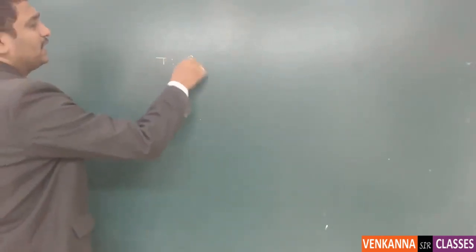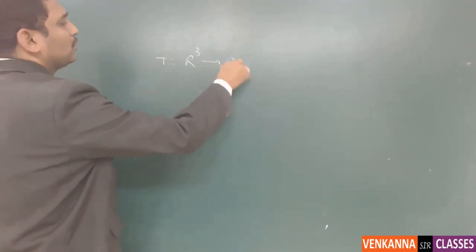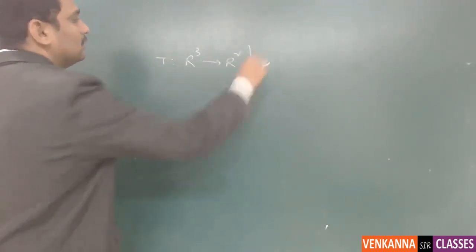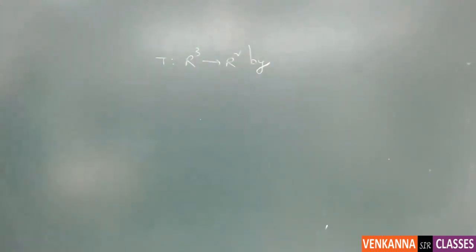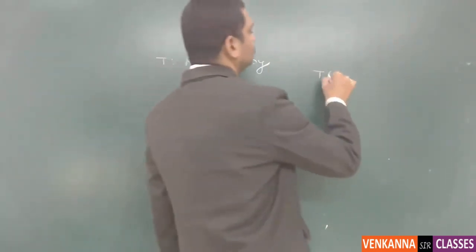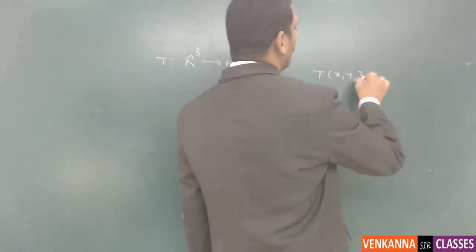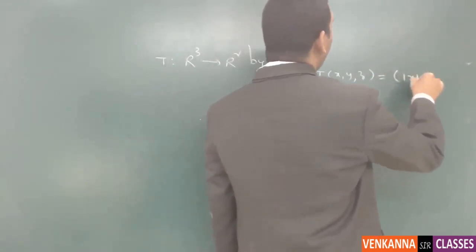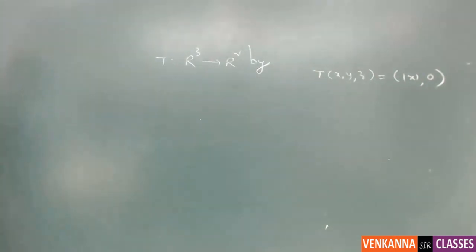The first one is, I am defining T from R cube to R square by T of xyz is equal to mod x comma 0.